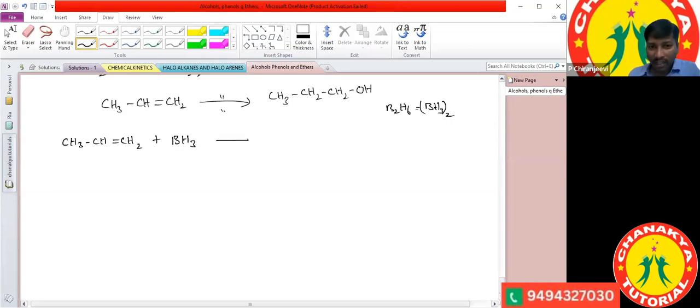Does BH3 act as a Lewis acid or Lewis base? What is meant by a Lewis acid?